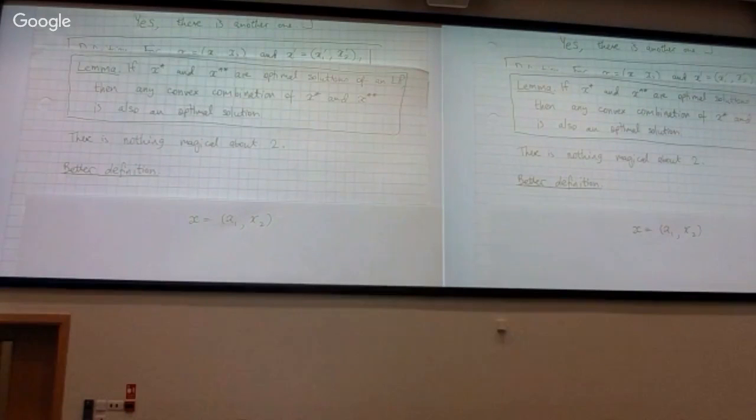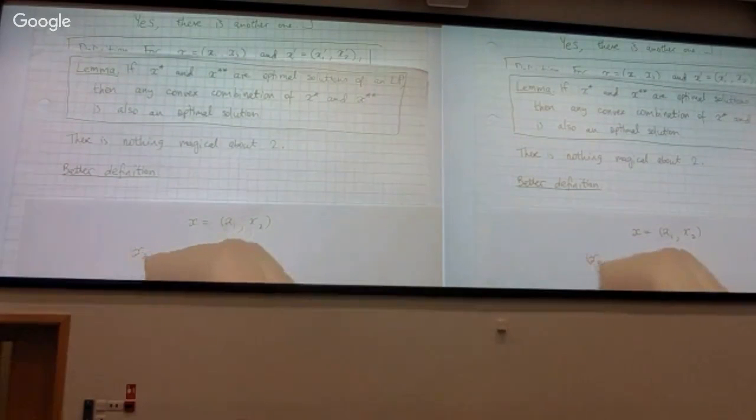Can you have vectors that are called x1, x2? What would you call the first entry of the second vector? Something like x2, 1.